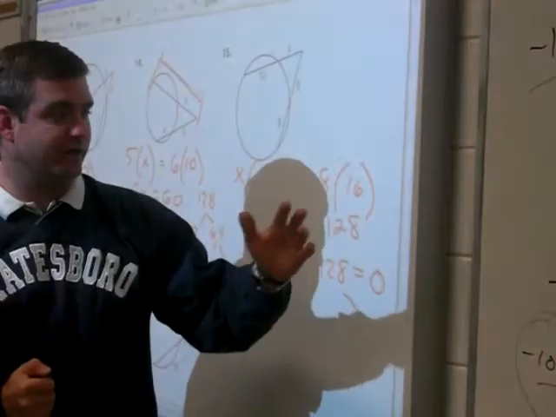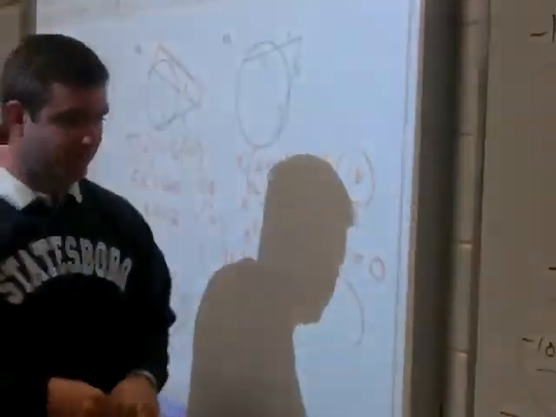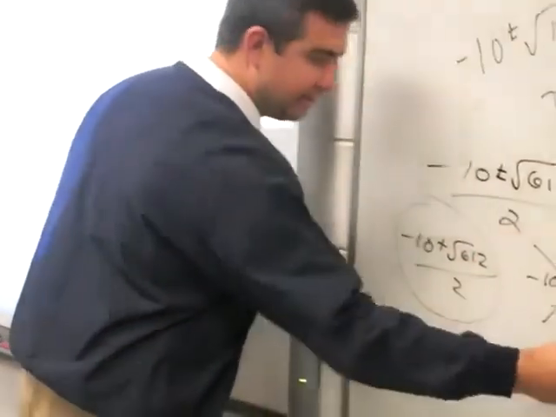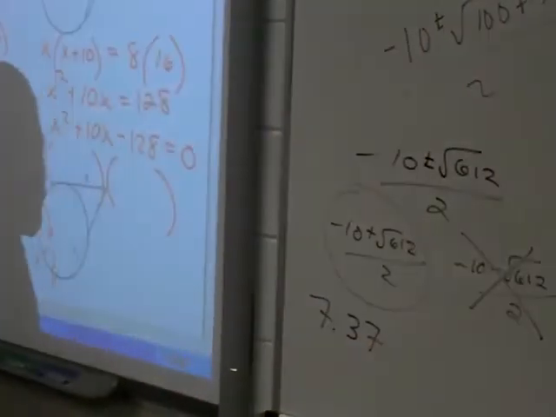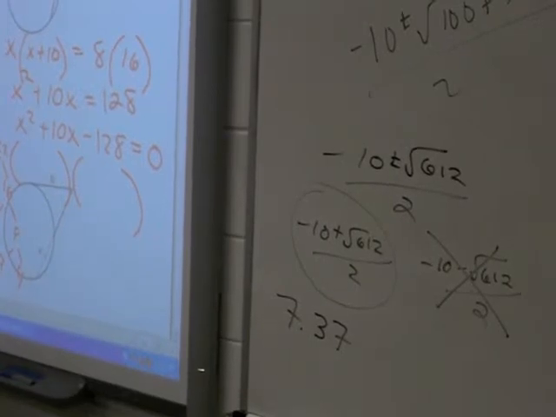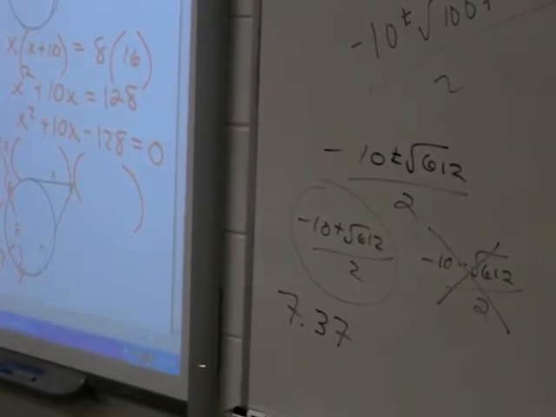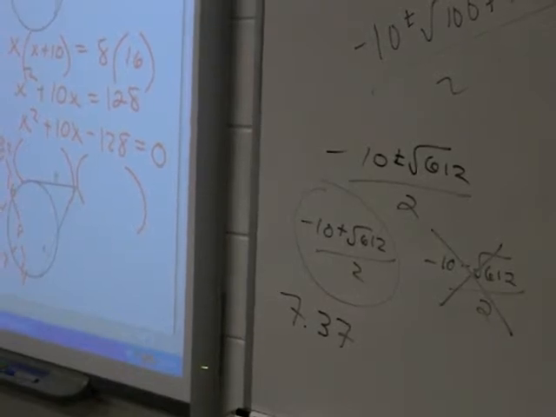That's what we did in chapter 3. We did the positive and the negative scenario, except we were able to eliminate the negative scenario. Negative 10 minus the square root of 612 is going to be a big negative number, so we know that doesn't work. So 7.37, rounded like money, is our answer.